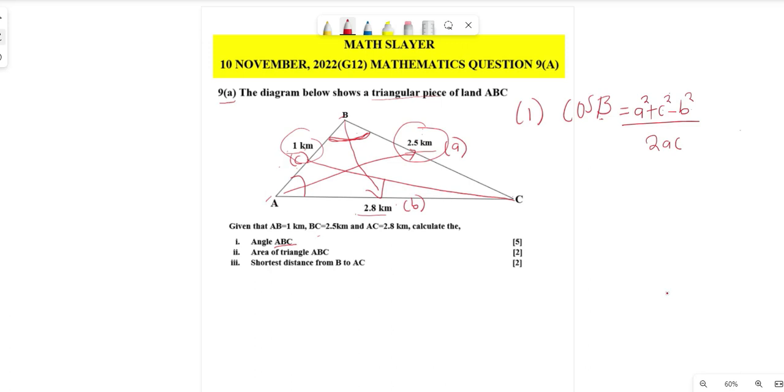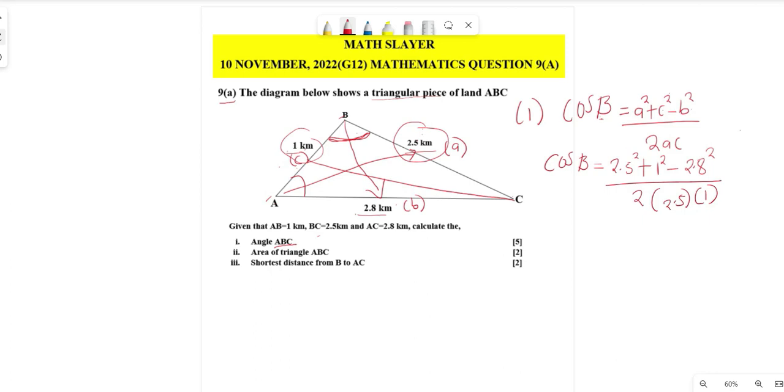Then let's substitute: cos B equals 2.5 squared plus 1 squared minus 2.8 squared, everything divided by 2 times 2.5 times 1.